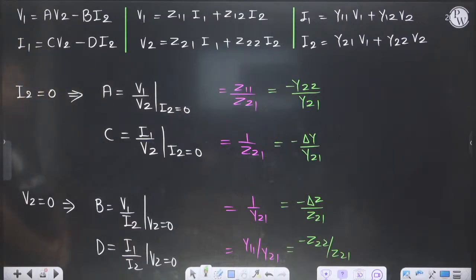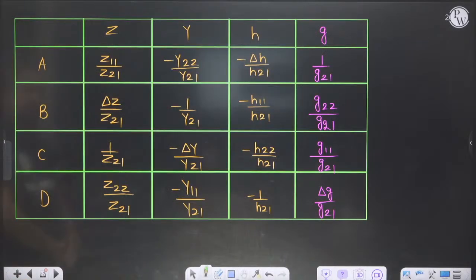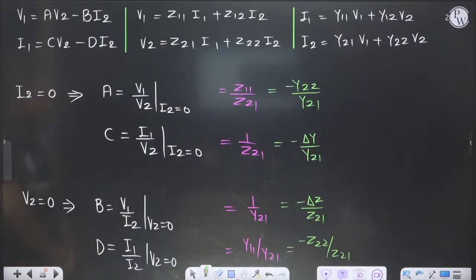So in terms of z, ABCD will be Z11 by Z21, delta Z by Z21, and 1 by Z21, Z22 by Z21. Okay, I will check.